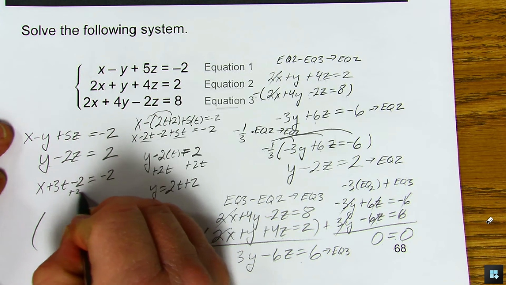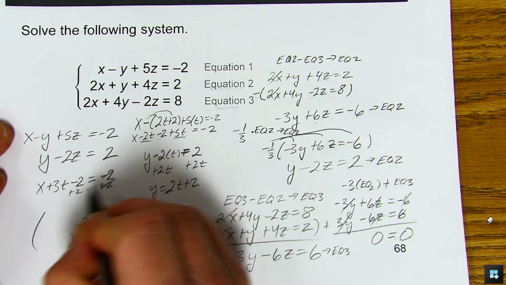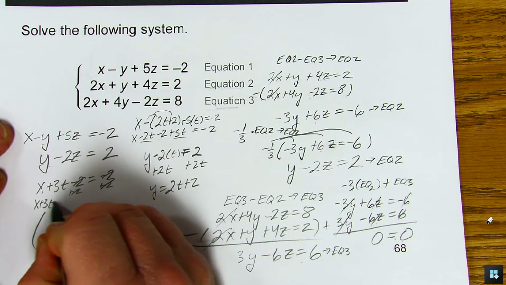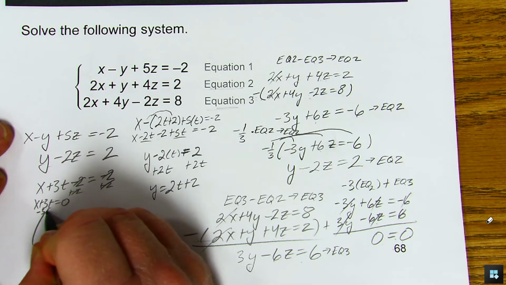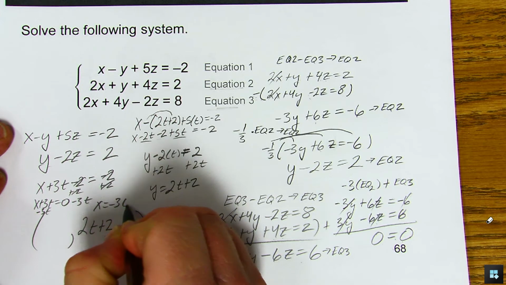Add over the 2, and that's going to be 0. So x plus 3t equals 0. Subtract 3t, and I get x equals -3t.